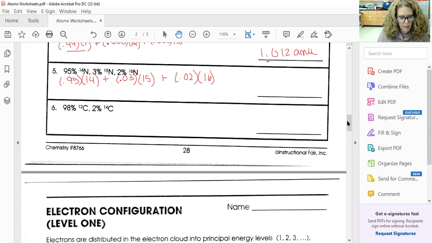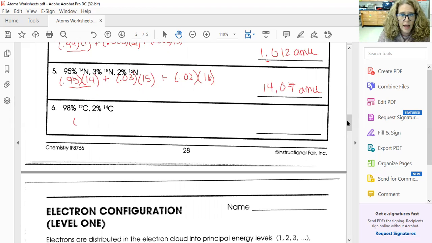When you add those all up together, you end up with 14.07 atomic mass units. Ask yourself, does it make sense? Yes, if 95% of nitrogen has a mass of 14, my average is going to be closer to 14 because it's a weighted average.